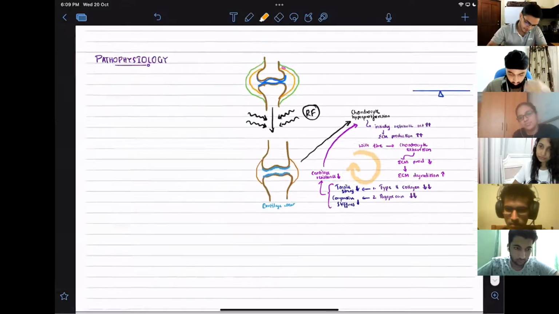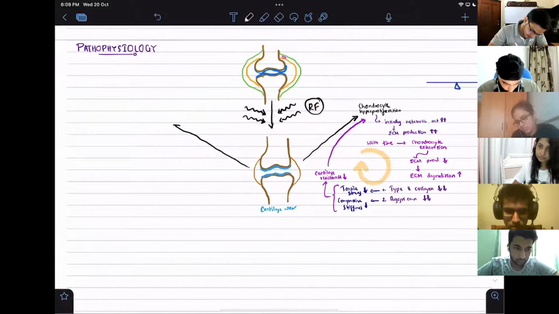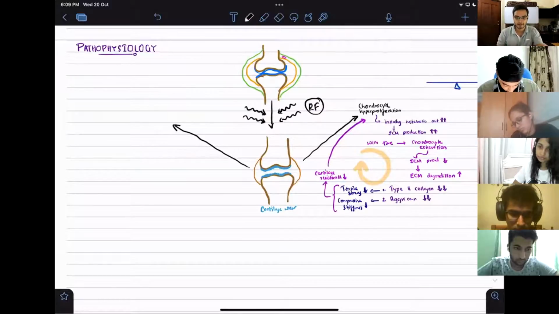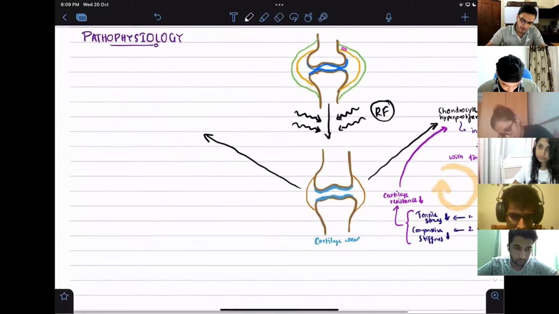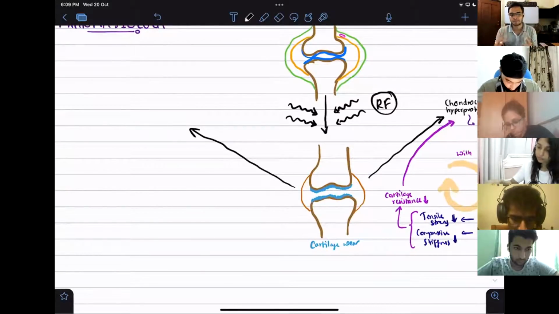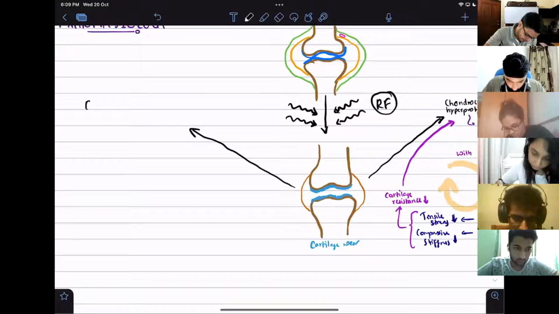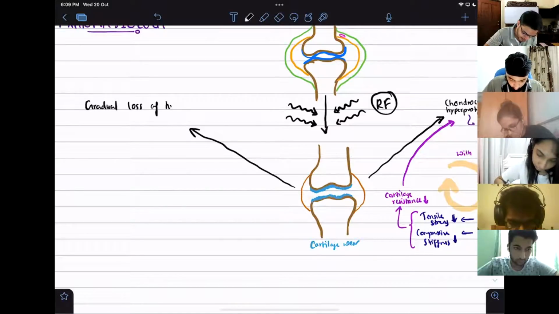Now put another arrow in this direction, guys. What is happening? Over several years, as we have seen, there will be intermittent pain. There will be a gradual thinning of the cartilage, a gradual loss of hyaline cartilage.